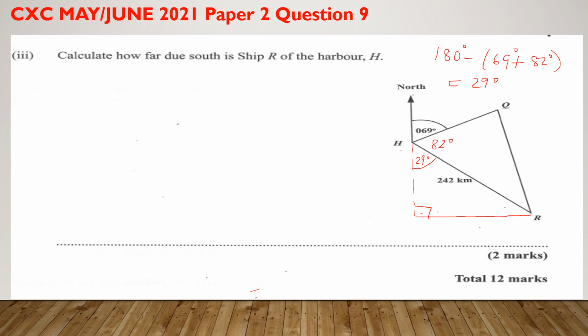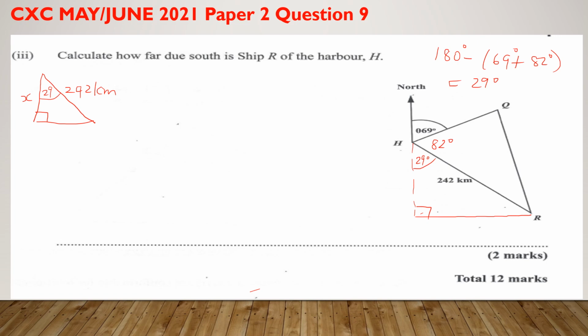So what we're going to do is take that right angle triangle out. Right angle here. So we know here is 242. This is 29 degrees. And we want to find here. So I'm going to use a different color marker.